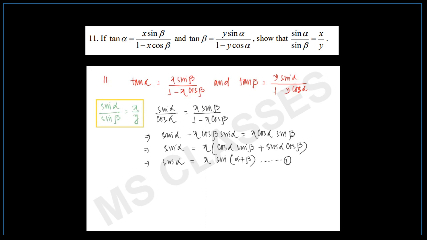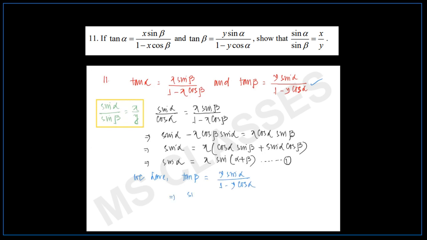Now we take the expression tan beta, so that we have tan beta equal to y sin alpha by 1 minus y cos alpha.